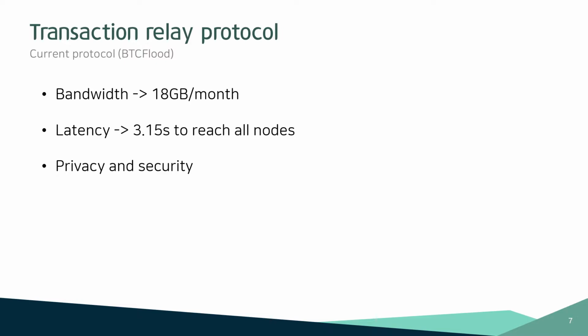The transaction relay protocol currently used in Bitcoin is called BTC Flood. Its bandwidth consumption is 18 GB per month, latency is about 3.15 seconds, and transaction announcements account for 30 to 50 percent of overall Bitcoin traffic, and it achieves some privacy and security.